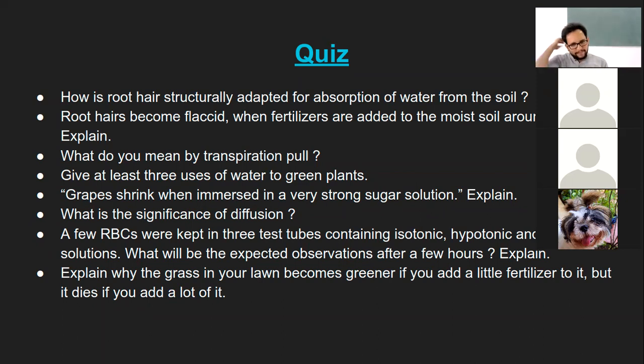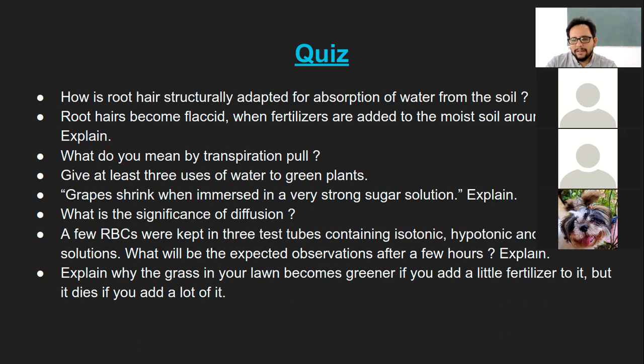I don't remember the condition exactly, but basically osmosis takes place. So the liquid you have in the grape, all the juicy part of the grape, it moves to the sugar solution because that's sweeter than the grape.